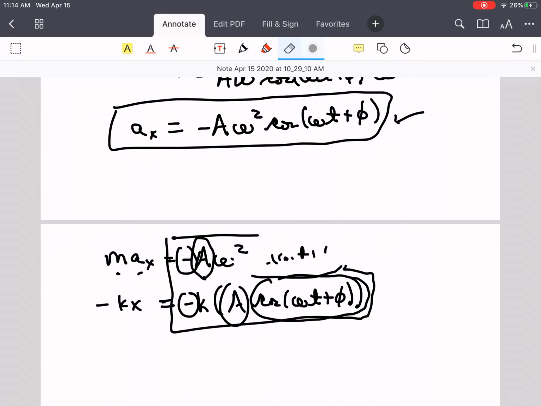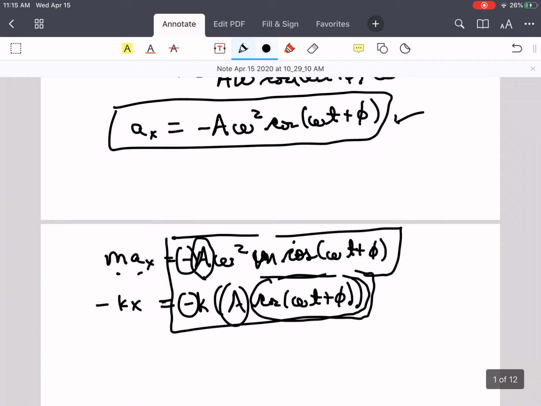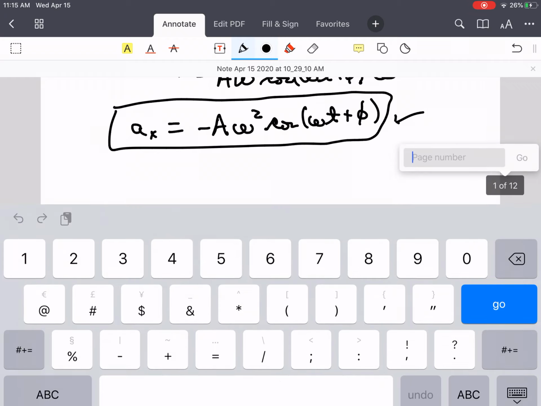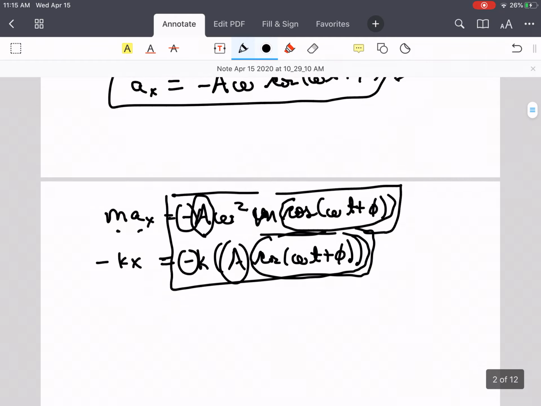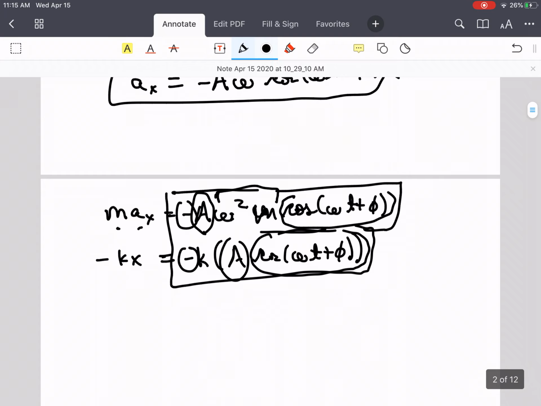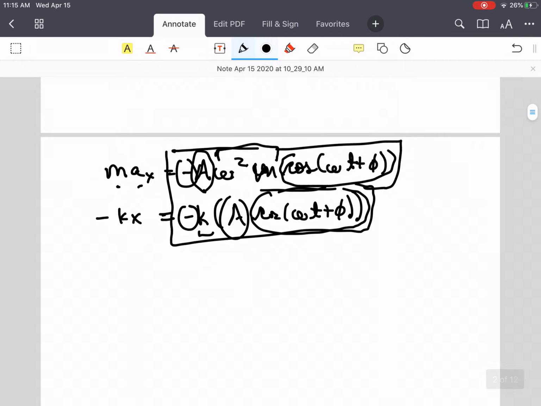So when I do mass times acceleration, I have negative A omega squared times m times cosine of omega t plus lowercase phi. So again, everything matches up if omega squared times m is equal to k.